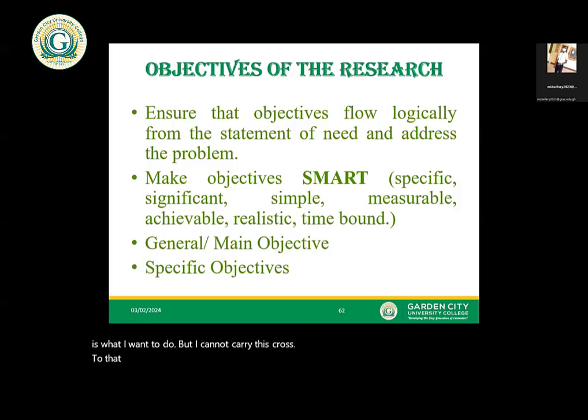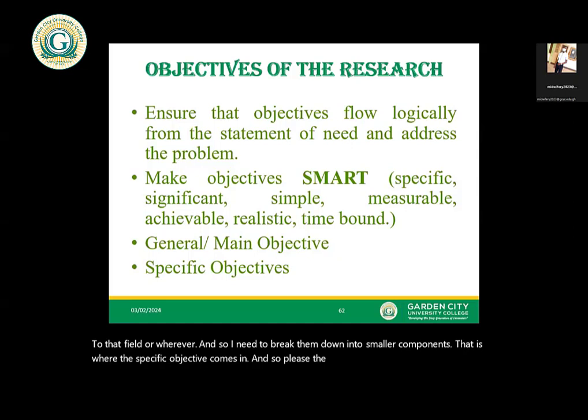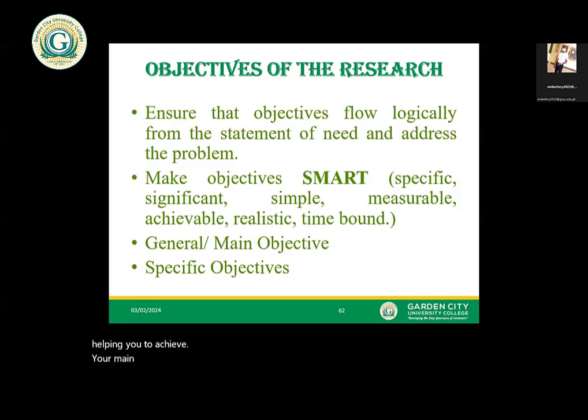And so I need to break it down into smaller components. That is where the specific objectives come in. The specific objectives of your study help you to achieve your main objective.